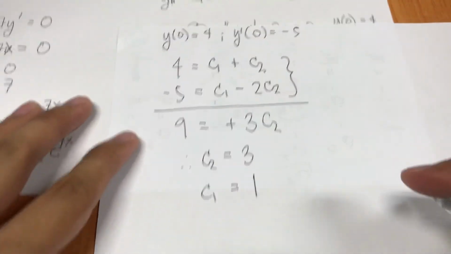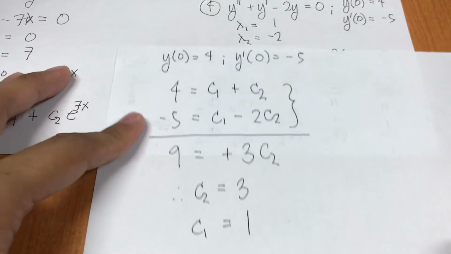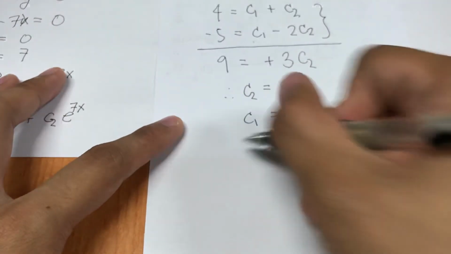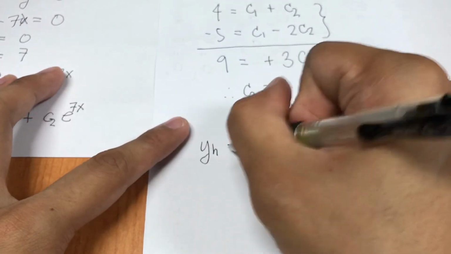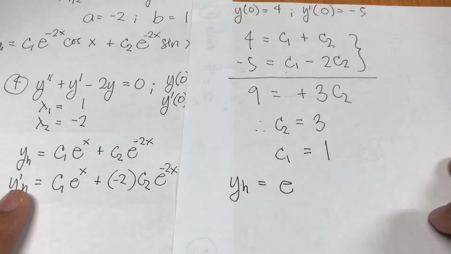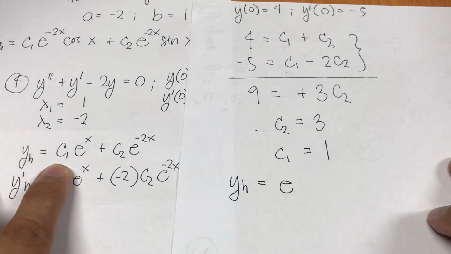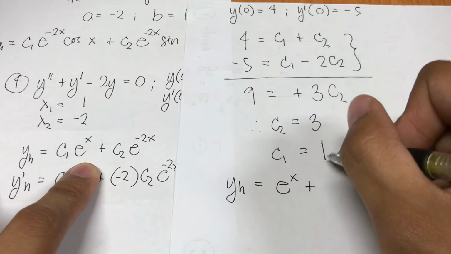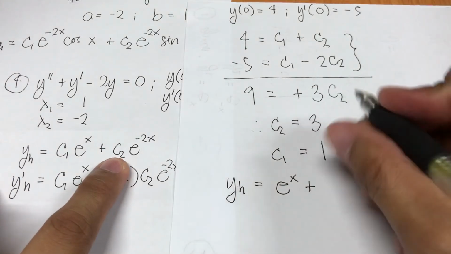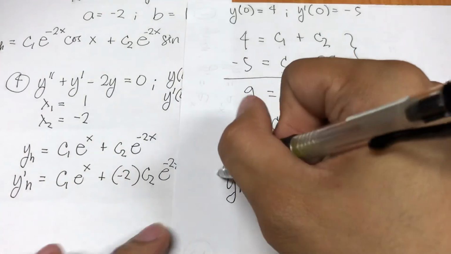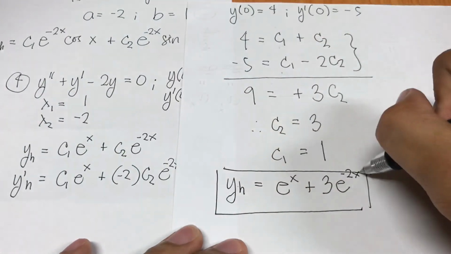So our final answer would be e to the power of x, since c1 is 1, plus 3 e to the power of negative 2x, since c2 is 3. Our final answer.